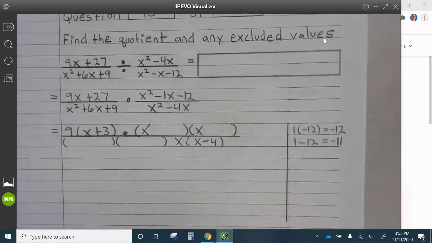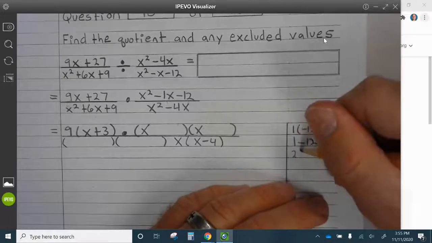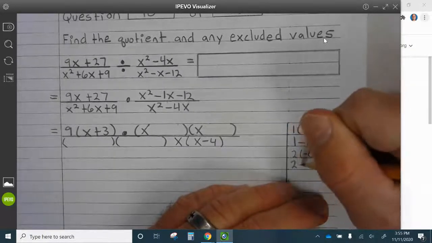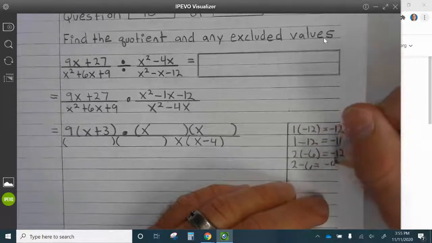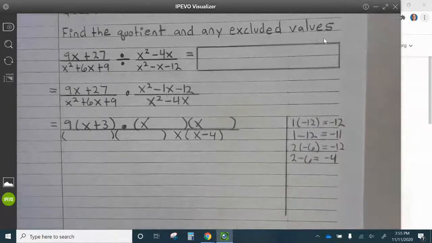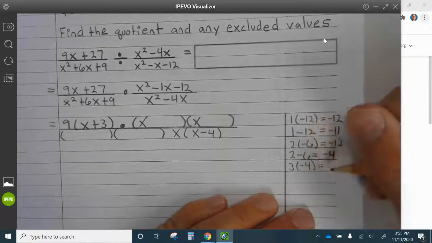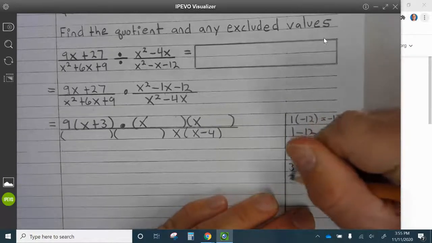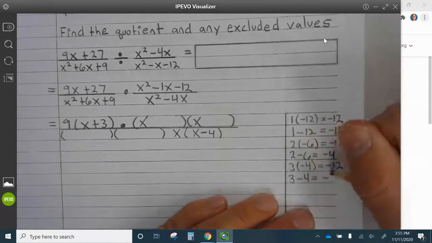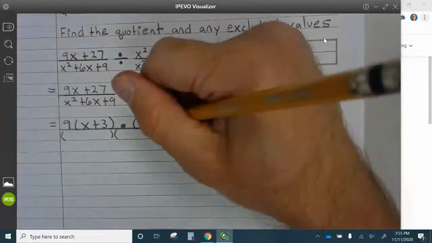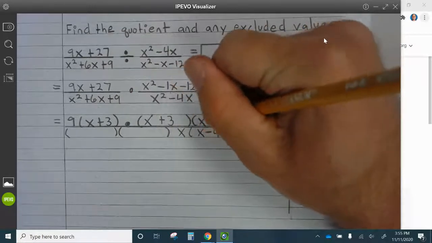That doesn't work. 2 times negative 6 is negative 12. 2 minus 6 is negative 4. That doesn't work. 3 times negative 4 is negative 12. 3 minus 4 is negative 1. We have our negative 12 and negative 1, so our factors are x plus 3, x minus 4.